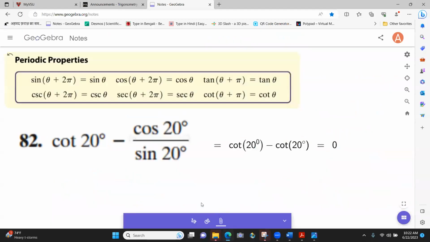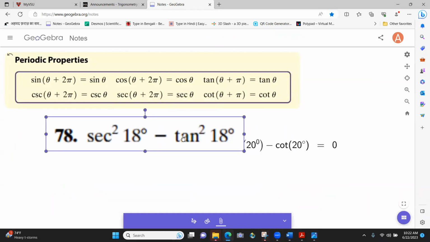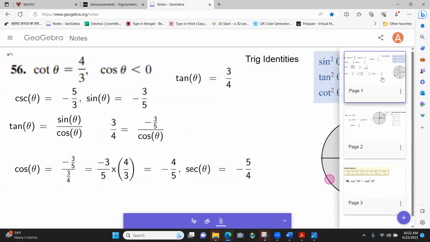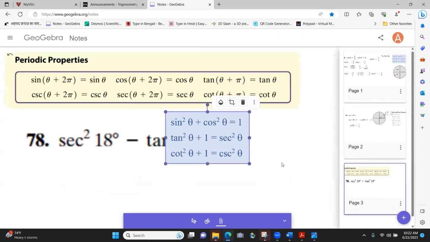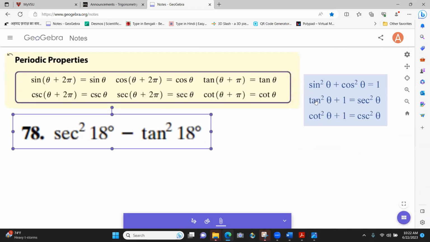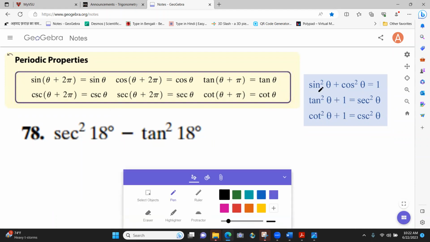How do we handle something like 78? Okay, let me grab the trig identities that I saved. All right, here. Now, to me, this resembles the second one. Now if you move the tan square theta here, wouldn't you get minus tan squared theta? Theta or x, doesn't matter.